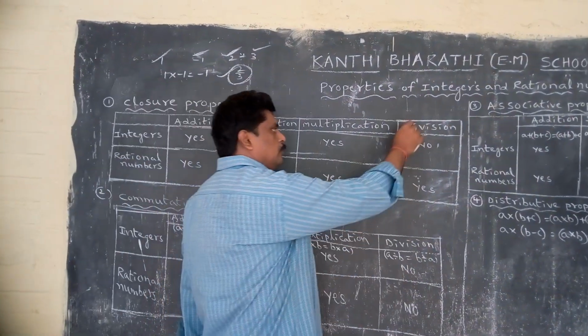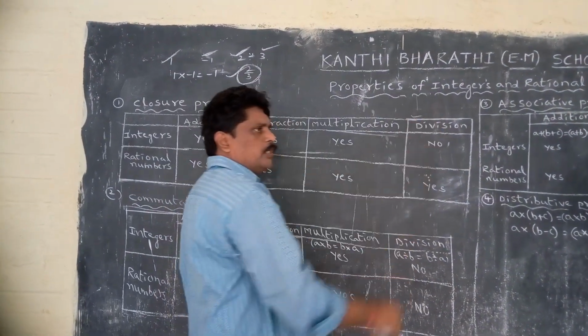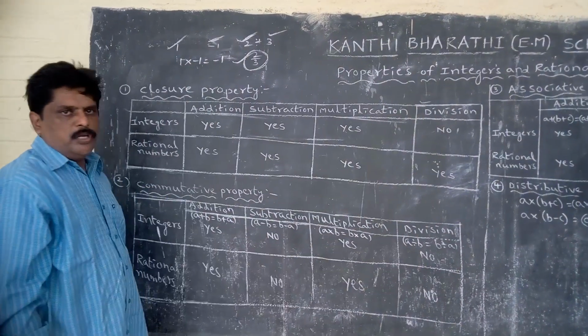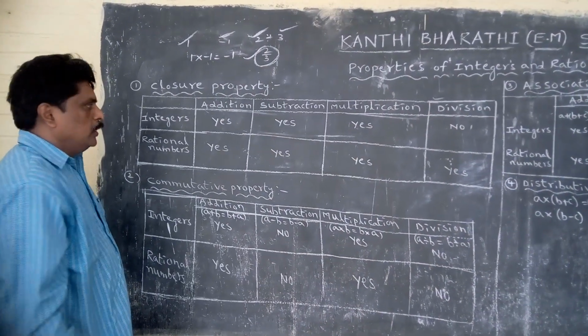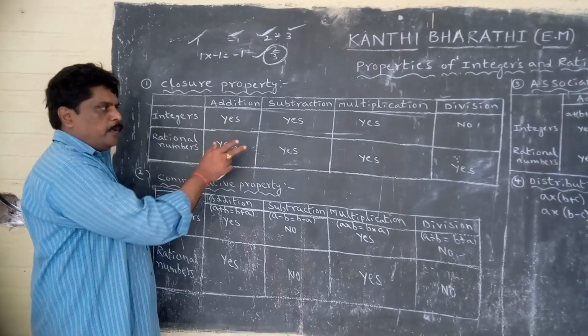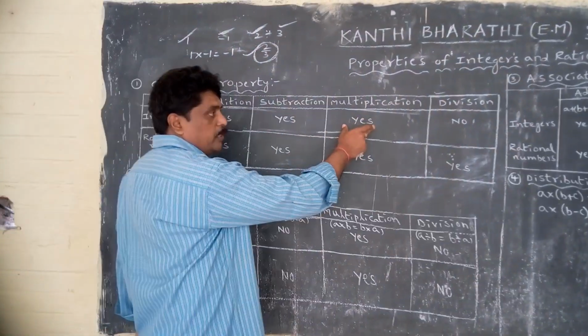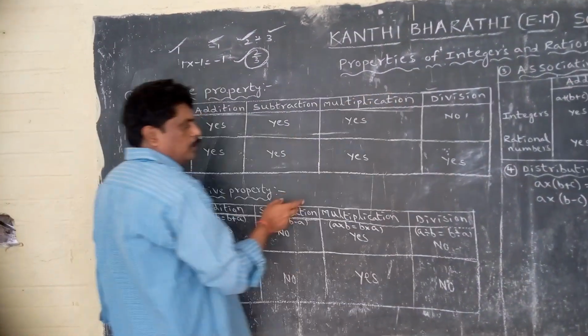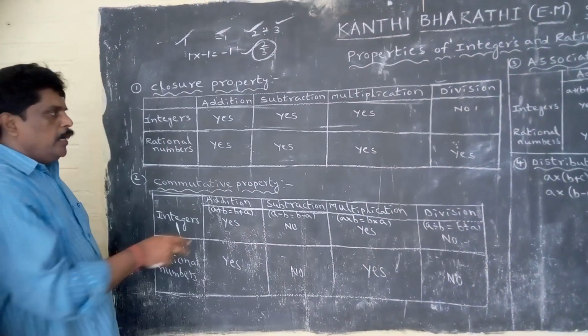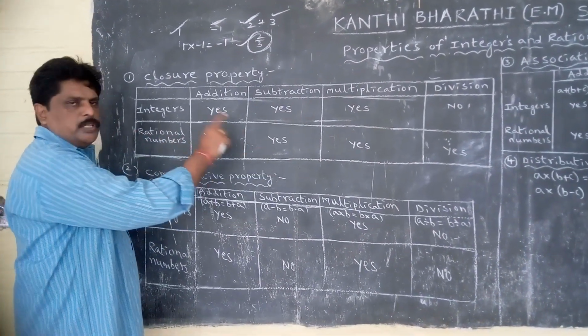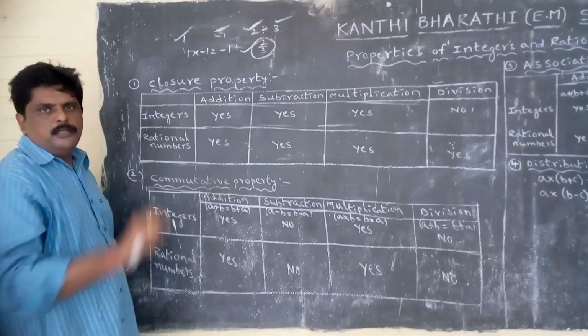So in division, the closure property exists in rational numbers. Do all of you understand or not? In integers, the closure property exists in addition, subtraction, multiplication, but not in division. But in rational numbers, it exists in addition, subtraction, multiplication and division.